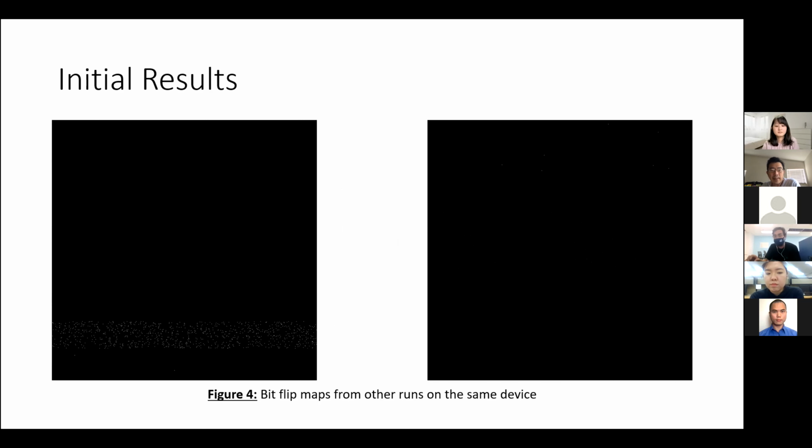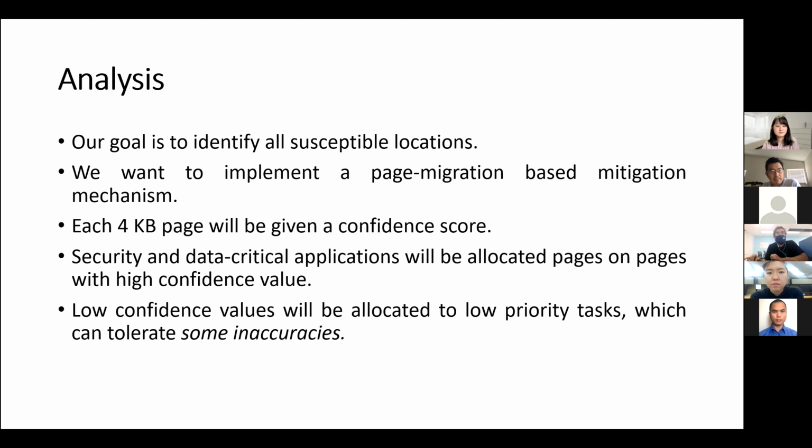Okay. So for this initial experiment, we did achieve our goal to identify susceptible locations of the DRAM device, or at least a bank in this case. Our goal is to implement a page migration-based mitigation mechanism for pages which belong to the low confidence rows.